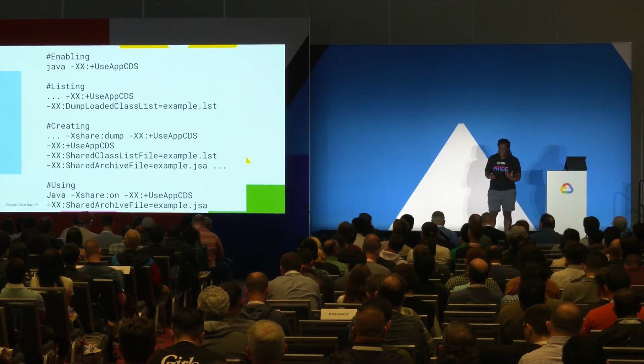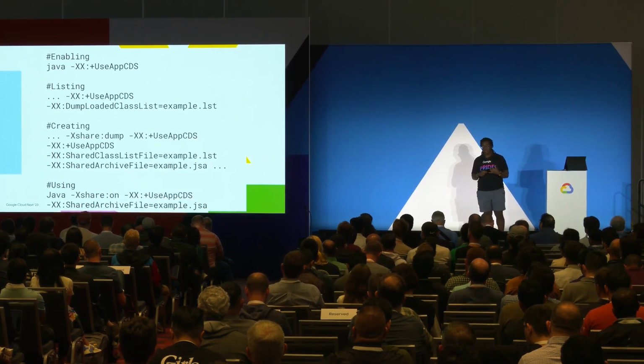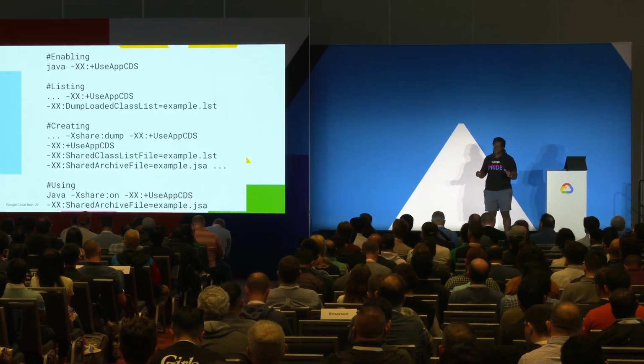And then finally, the using step is when you actually use the shared archive and get the performance bonuses that are promised. Fantastic. The performance benefits are significant. In the JEP, they quote start time reductions of 20 to 30% in some Swing use cases. But we'll get to my findings in a minute here when I tried it myself.